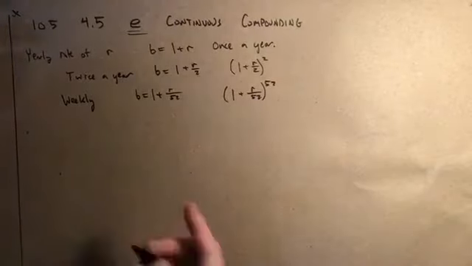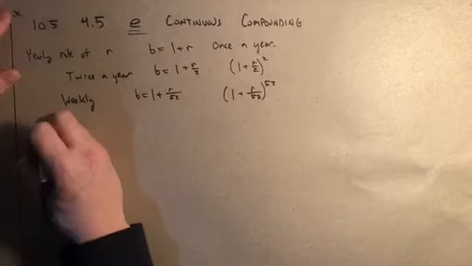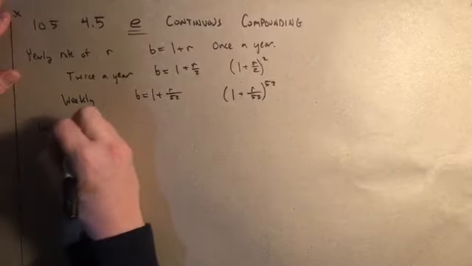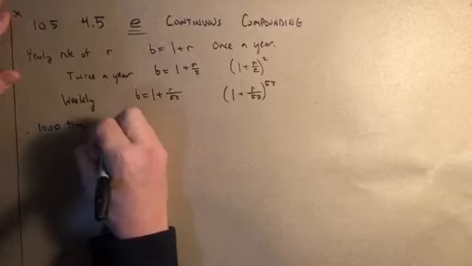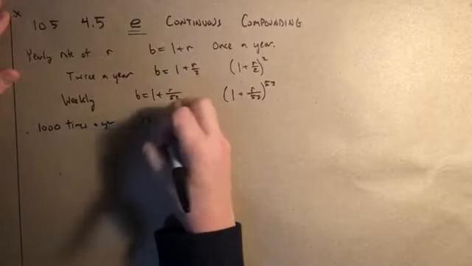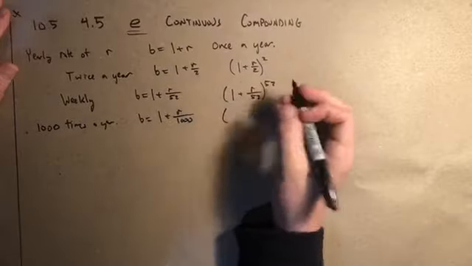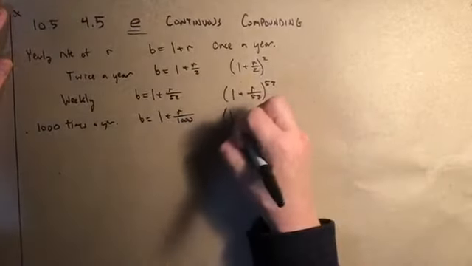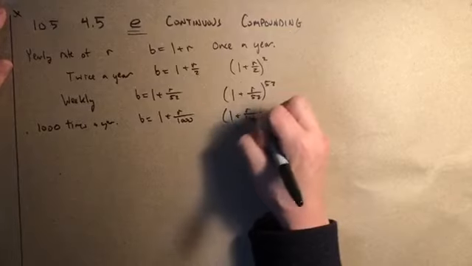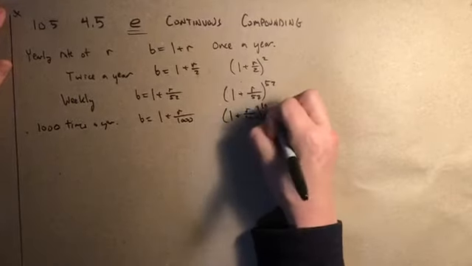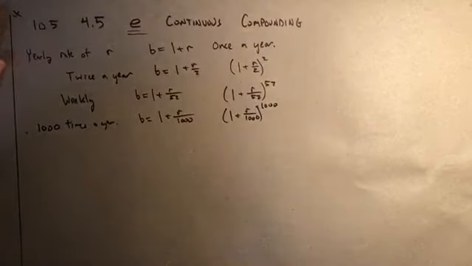And it turns out if I keep going, let's say I go 1,000 times a year, we'll have our growth factor of 1 plus r over 1,000. And so to get 1 year out of it, I'll have to do 1 plus r over 1,000 raised to the 1,000th power. What happens is we're beginning to stabilize.